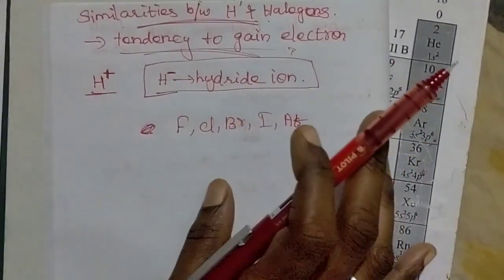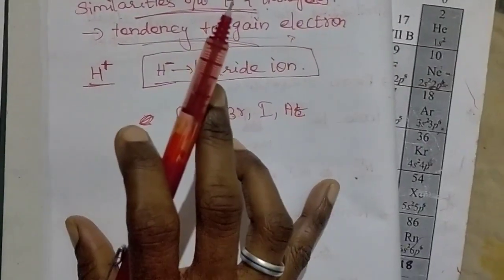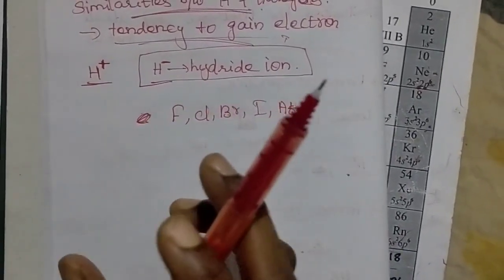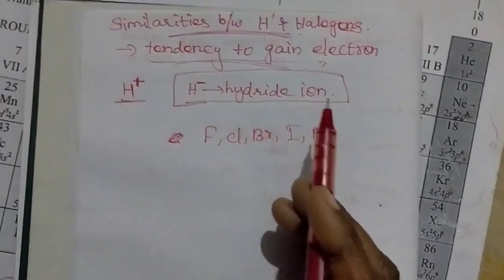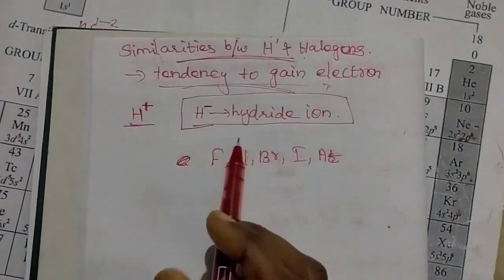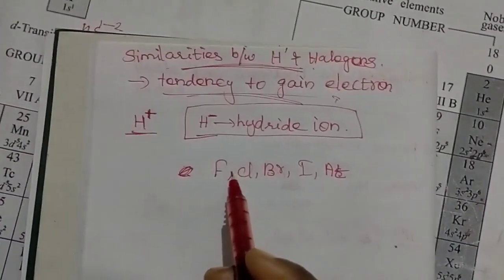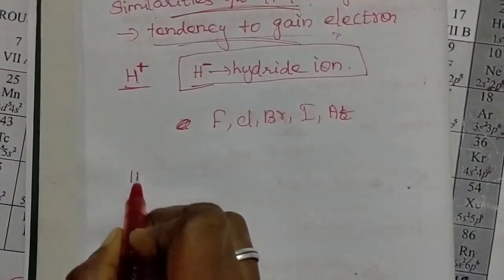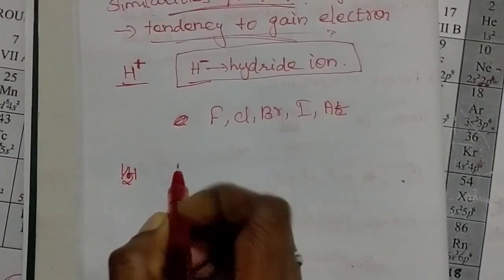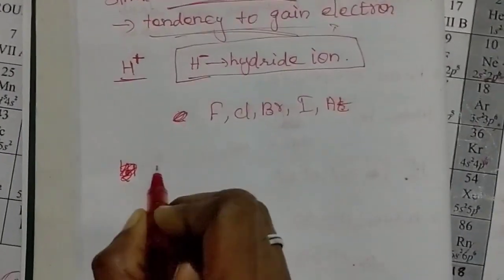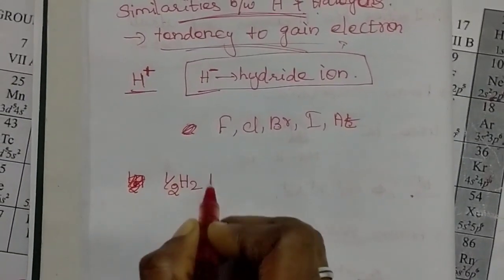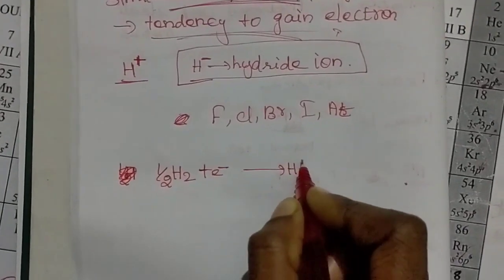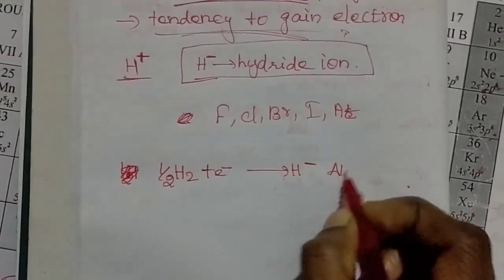However, the electron affinity of hydrogen is less than that of the halogen atom, so the tendency of hydrogen to form hydride ions is low compared with the halogens forming halide ions. The reaction to form the hydride ion is H2 plus electron producing hydride ion.